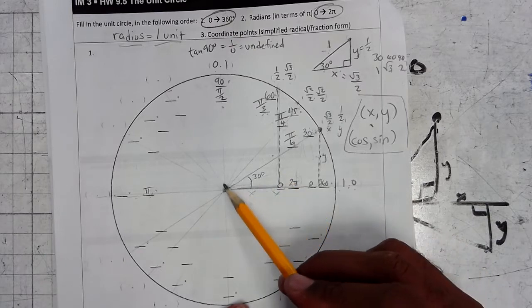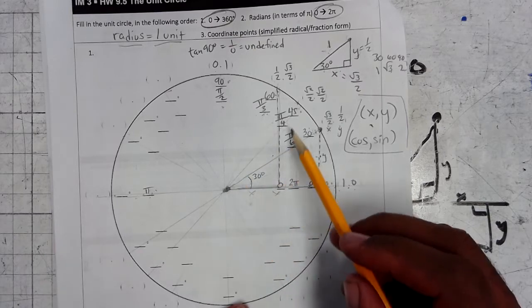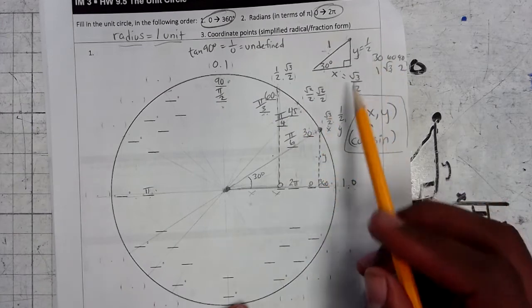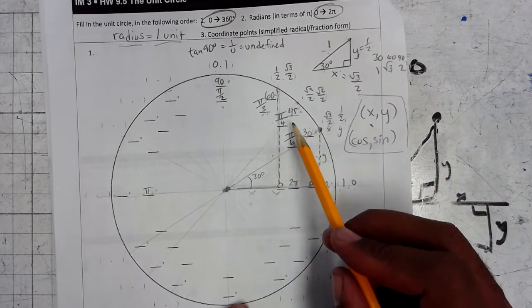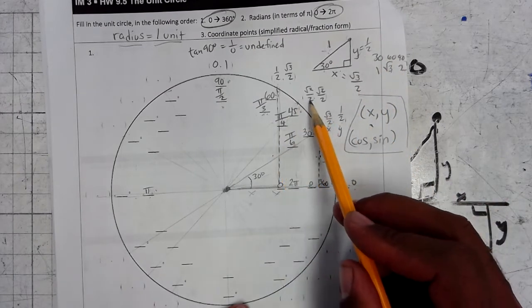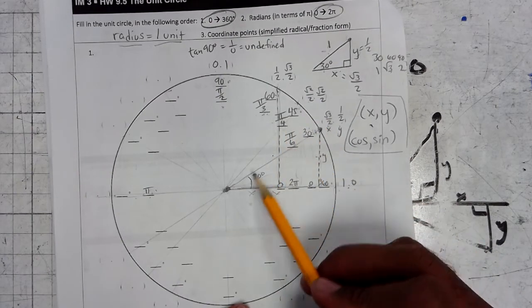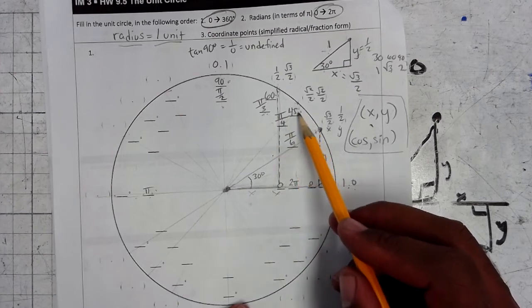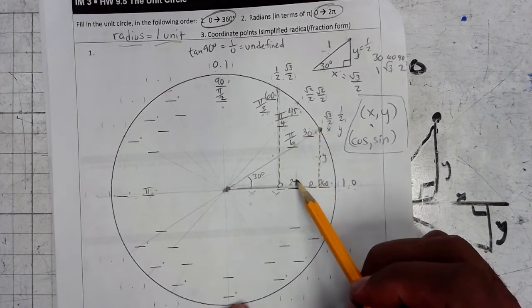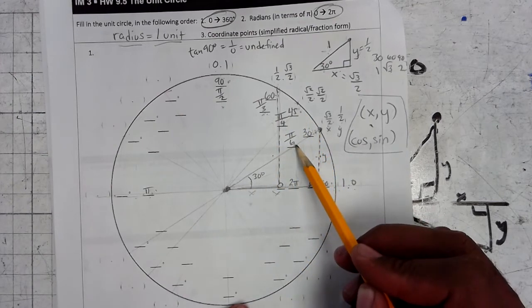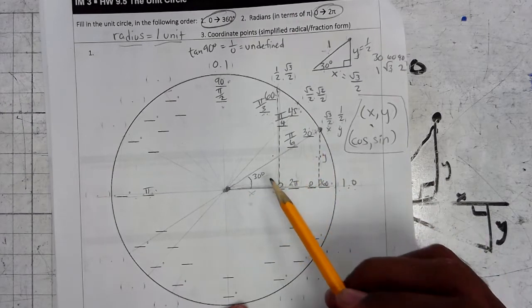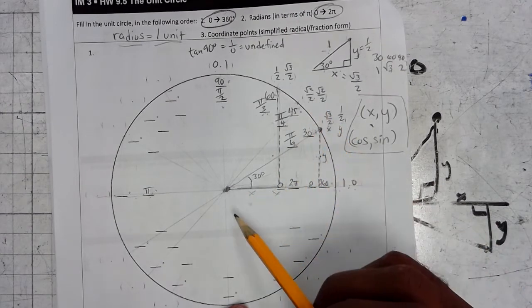If you use the same idea that this side is 1, and then use the 45, 45, 90 ratio, you'll find that those sides are square root of 2 over 2. And remember, in a 45, 45, 90 triangle, the two legs are equal, and that's why these two numbers are the same.